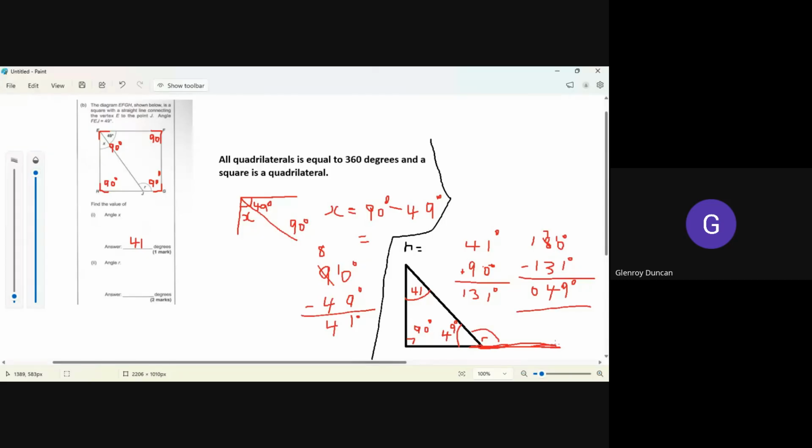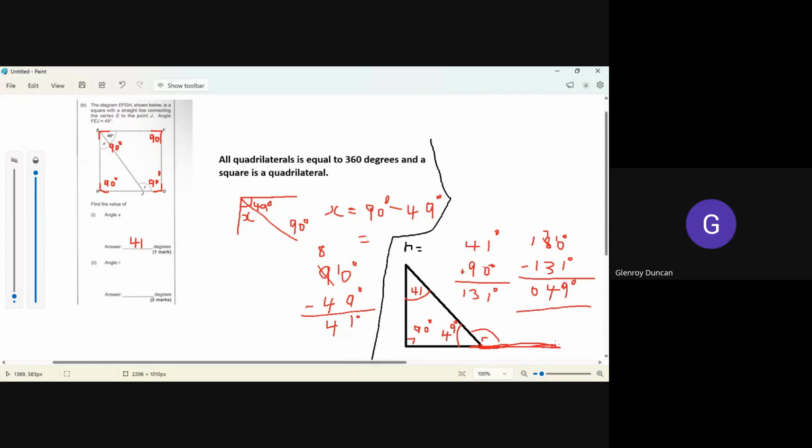But if you look at it, class, we call those supplementary angles. Angle R, you call it supplementary angles. I don't know if you know what a supplementary angle is. A supplementary angle is simply an angle on a straight line.